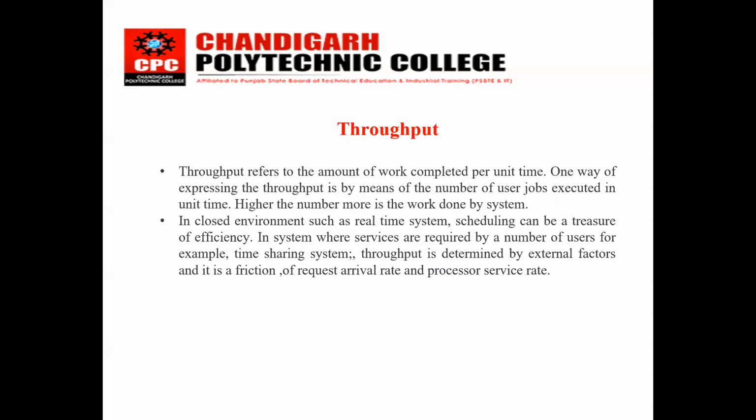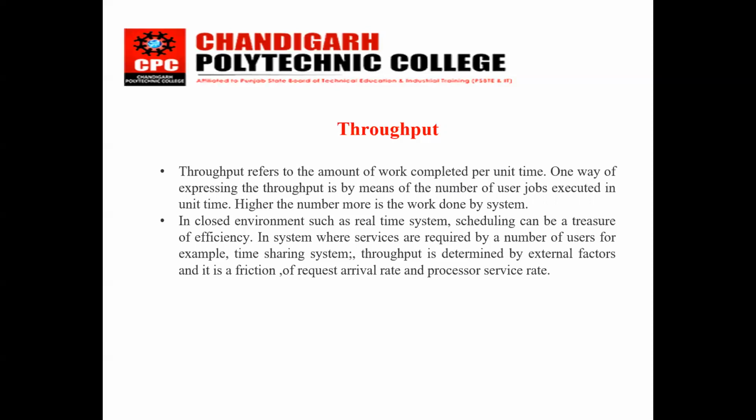And the next parameter we have is throughput. Throughput refers to the amount of work completed per unit time. As we all know, when we buy a system or any other machine, throughput is the main parameter that gives us the average of work done in a specific time.